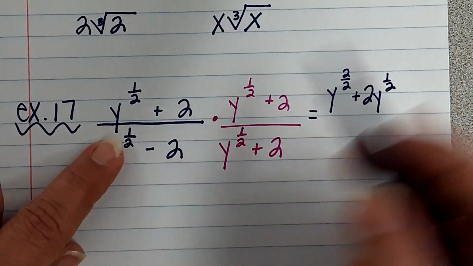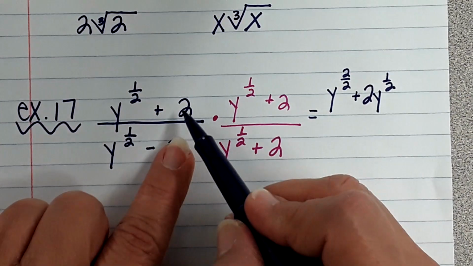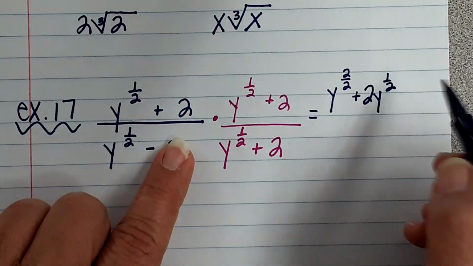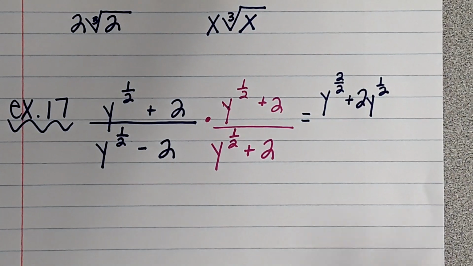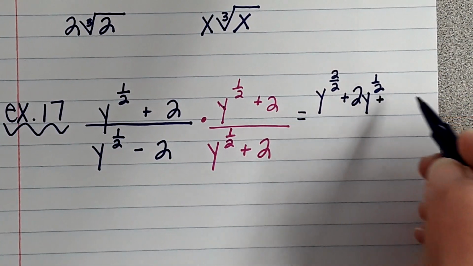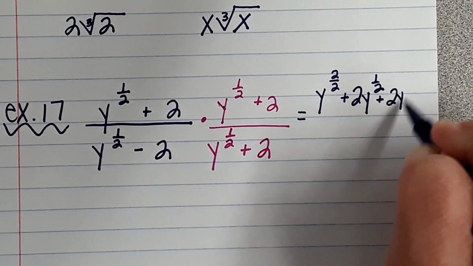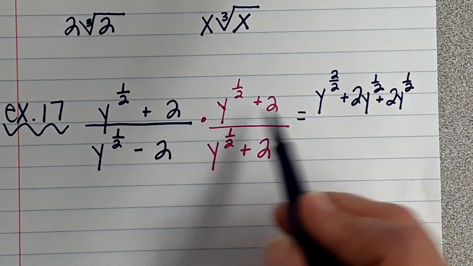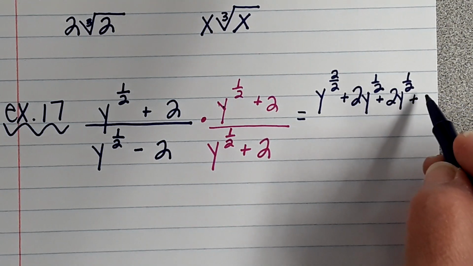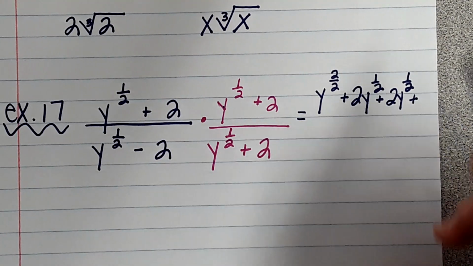Y times 2 is 2, and then you just add the exponent. What's 2 times y to the 1/2? And then what's 2 times 2?